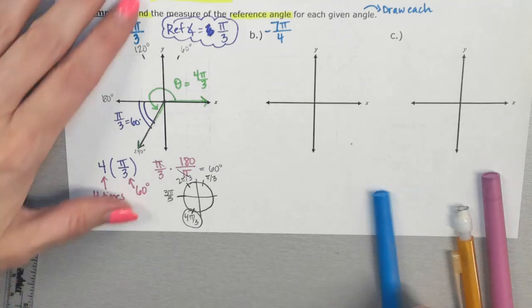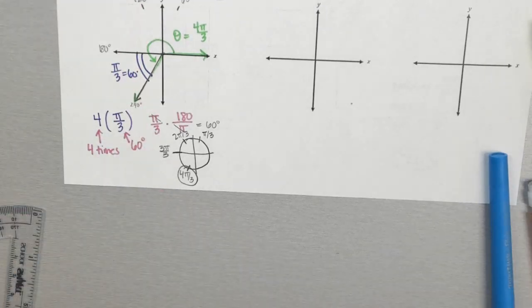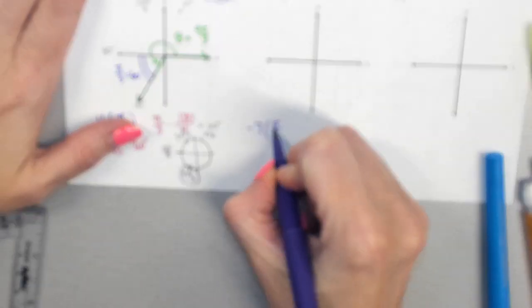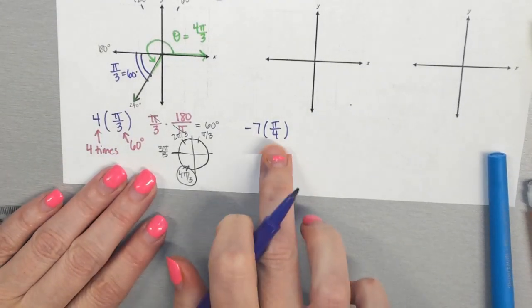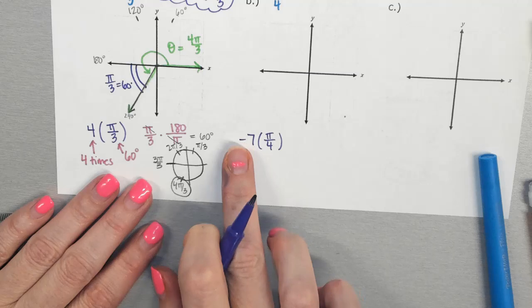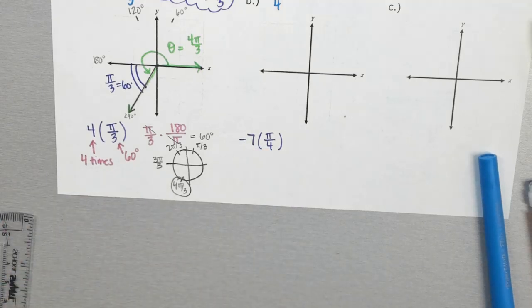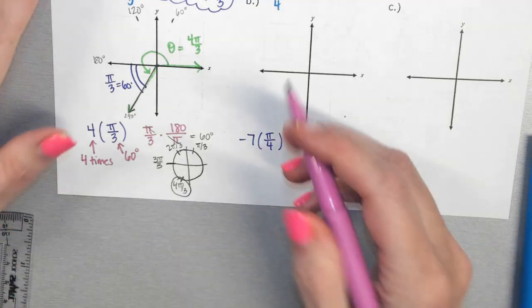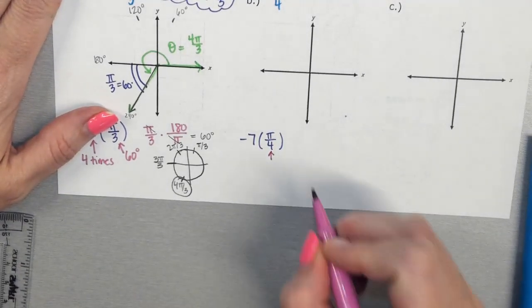Okay, so that's really just the first thing I want you thinking about is, if I have -7 pi over 4, that means I'm going 7 times in the negative direction of pi over 4. And pi over 4 is how many degrees? All right, let's convert together.